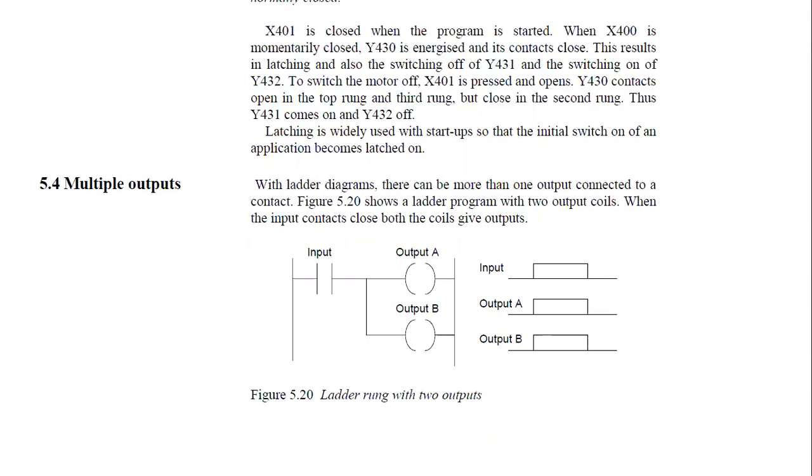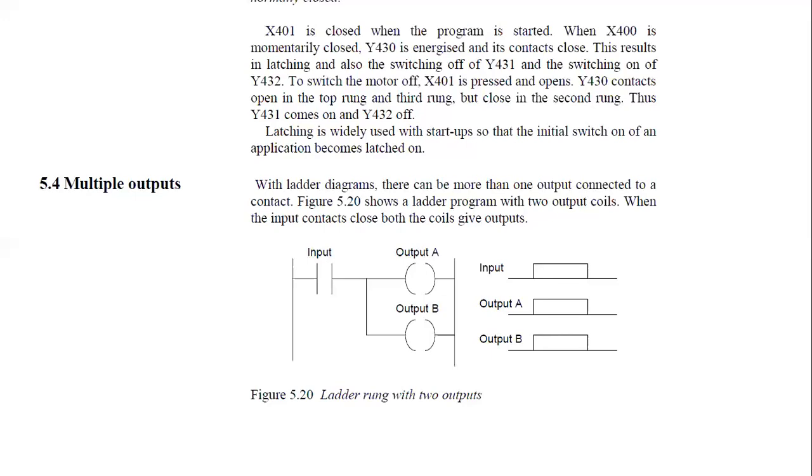You can see the ladder diagrams here. That is the figure 5.20, which has several outputs. Going with the first diagram there, we can see that there is just one input and two outputs. And you can see they will be operated simultaneously.